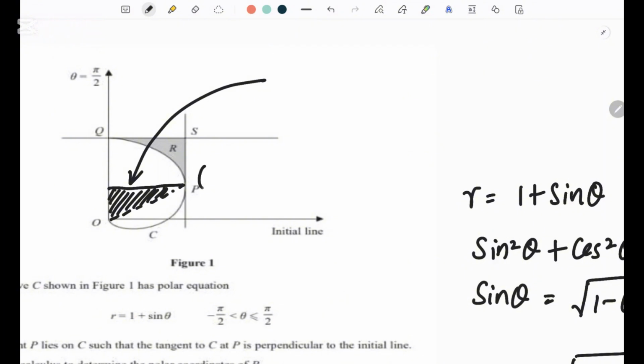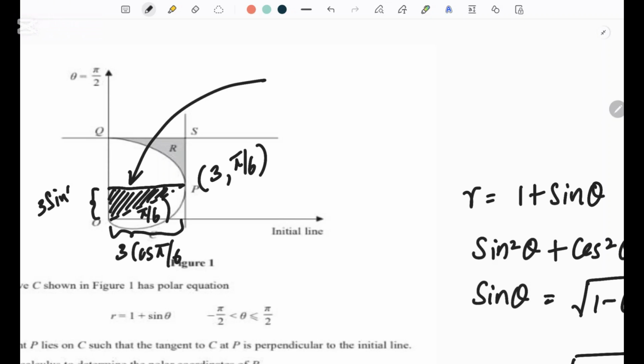So now we know the coordinate of P is 3 over 2 comma pi over 6, right? So you can use this distance and this distance to find the area of the triangle. If this angle is pi over 6, and r is 3 over 2, which is the hypotenuse of that triangle, then this distance would be 3 over 2 cos pi over 6, and this distance would be 3 over 2 sine pi over 6.